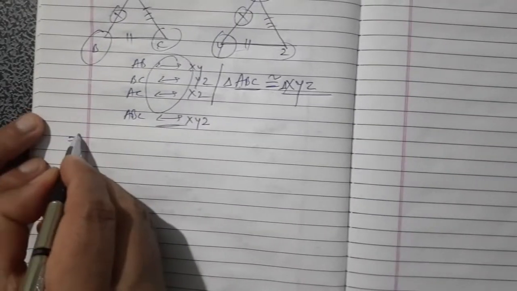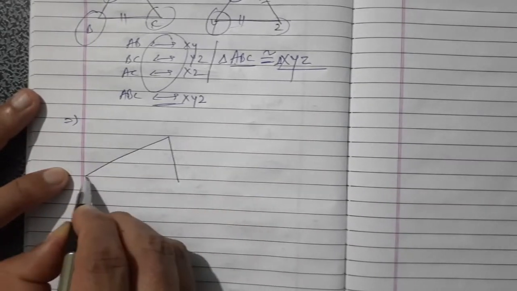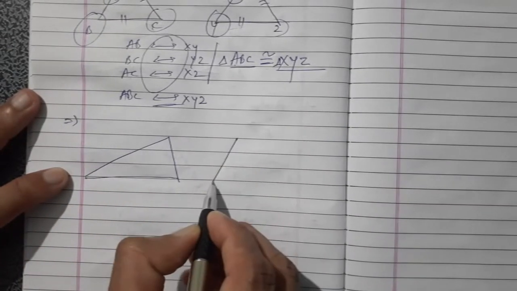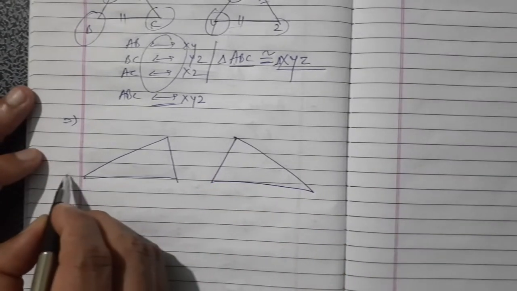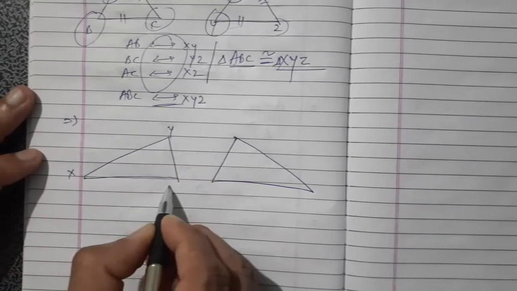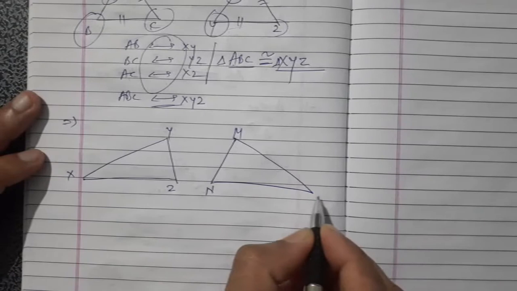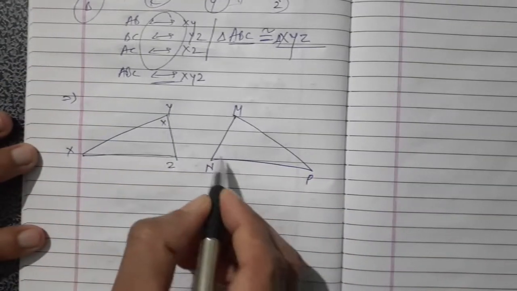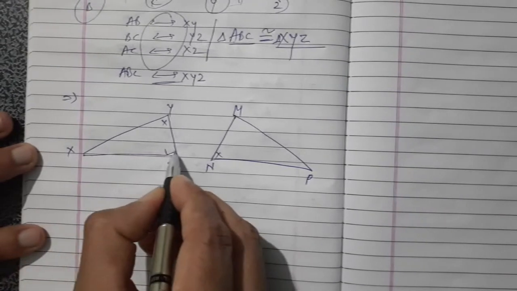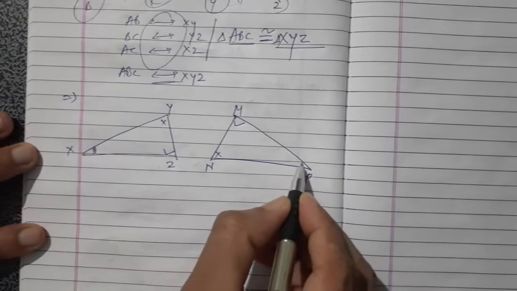Now suppose two triangles, XYZ and another triangle with vertices M, N and P. Suppose the measurements of Y and N are equal, Z and M are equal, and X and P are equal.